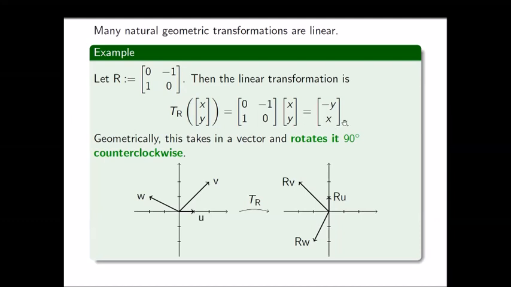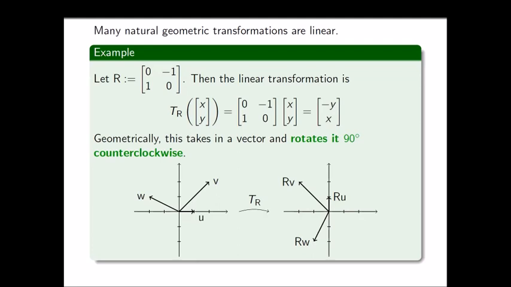Geometrically, what this linear transformation is doing is taking in a vector and rotating it counterclockwise by 90 degrees. So if you throw in a horizontal vector, it's going to make it vertical by rotating it 90 degrees counterclockwise.